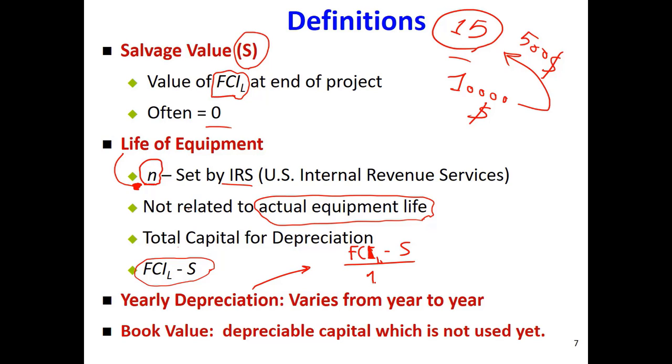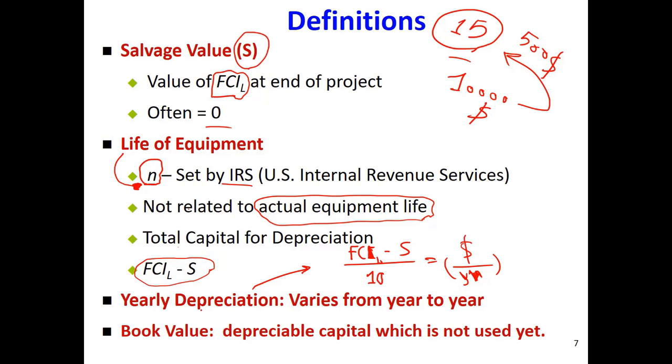Divided by, let's say you had a project that was working 10 years. This difference is how much money was depreciated, and divided by 10 years gives you the money that you lost per year. This is the simplest equation that you can use, when we consider that the money that we lose each year is the same.